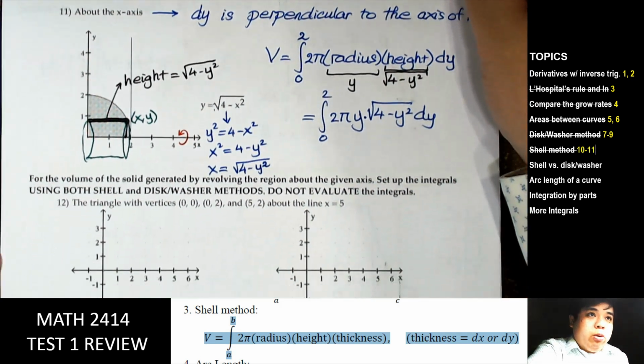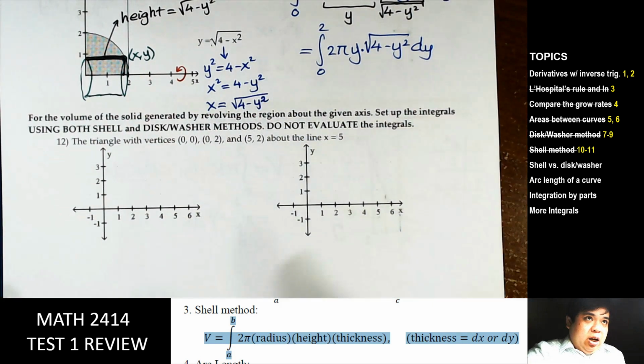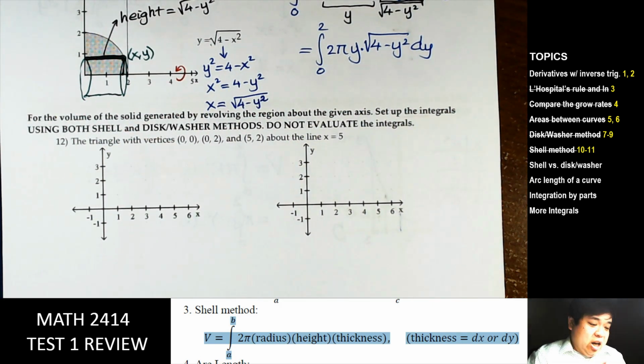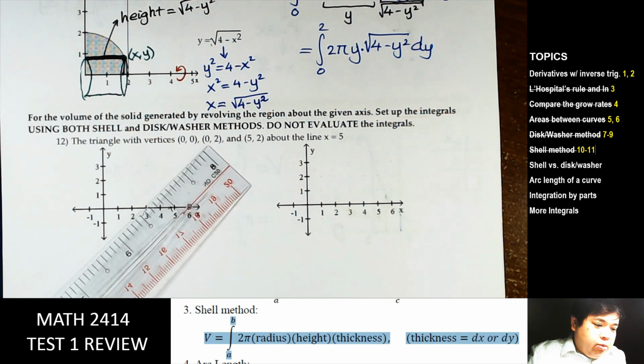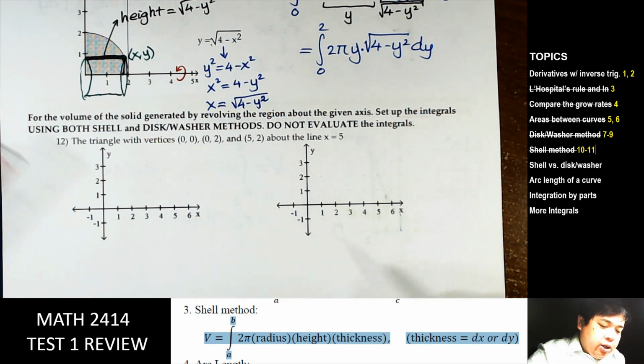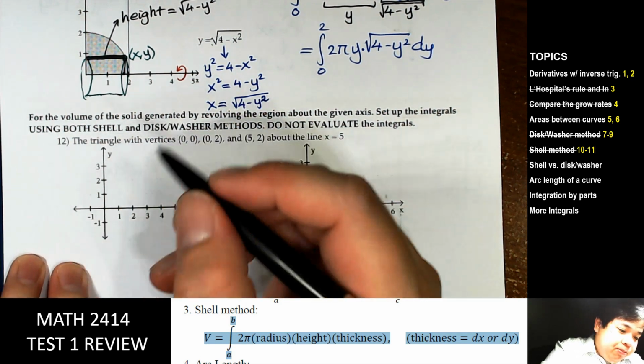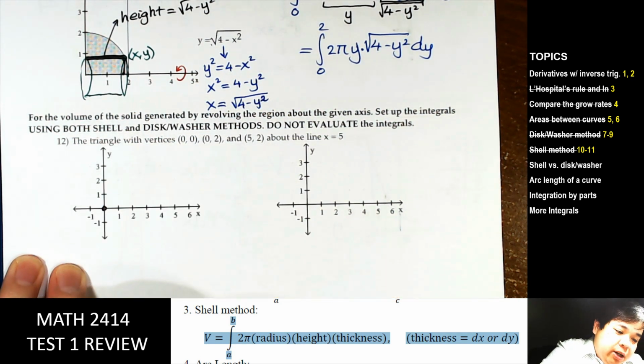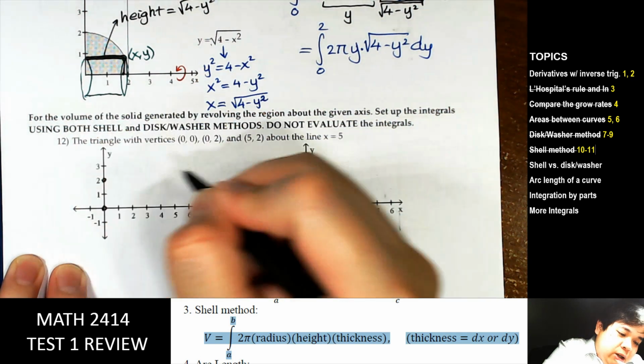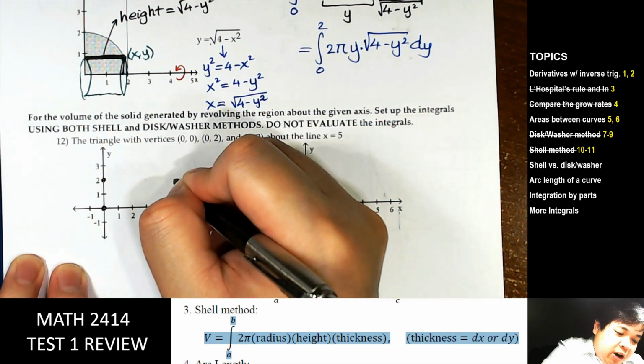Next, we have to do both the disk and washer method and then the shell method. Right, first we have the triangle with points 0, 0, 0, 2, and 5, 2. So let's just try to draw it. 0, 0, x equal to 0, y equal to 2, 5, x equal to 5, y equal to 2.